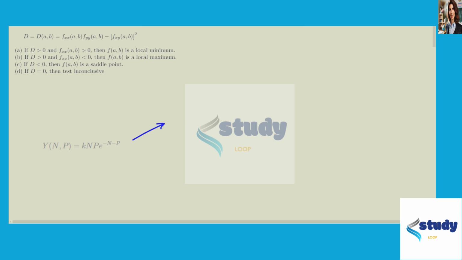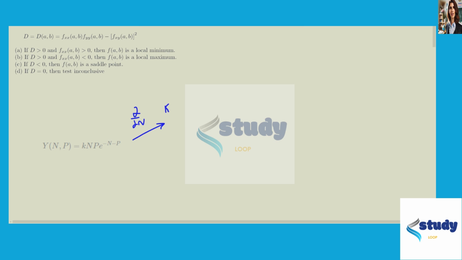So I'll do the partial with respect to n first. So we have n times e to the negative n minus p. So we're going to have to use product rule. So remember, this k and p are constants, so we can pull those out front.